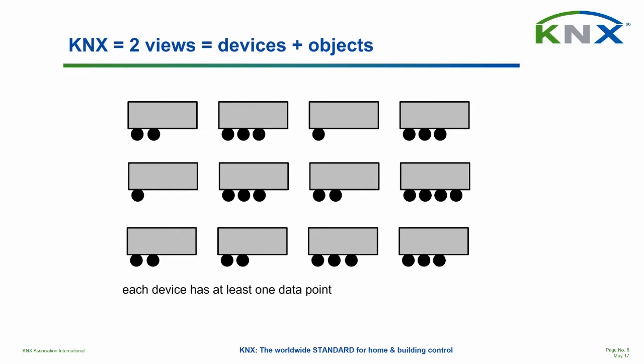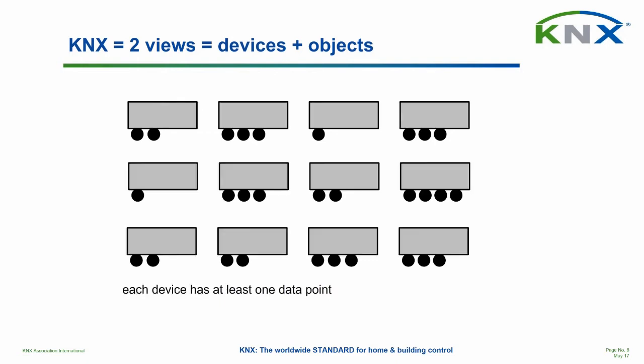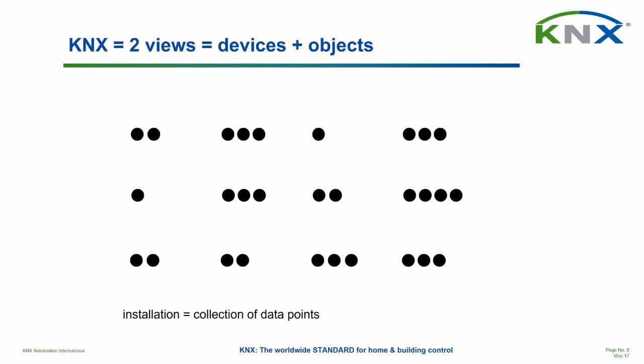And of course, all the other devices also have data points, so that's what we see here. This is actually the point I want to make. We can look at it as a collection of devices having data points. So we can look at the devices as such, but we can also just look at it like this.